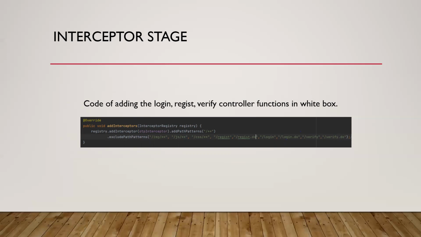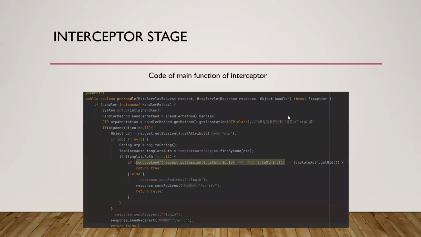Another reason is that if the reject, login, and verify controllers had interceptors, the users would not be able to perform two-factor authentication. So here we only added two-factor authentication to the index controller. That's the code to add the login, reject, and verify controller functions in the white list.